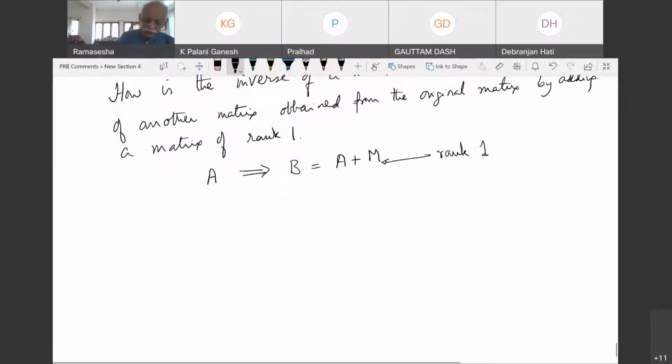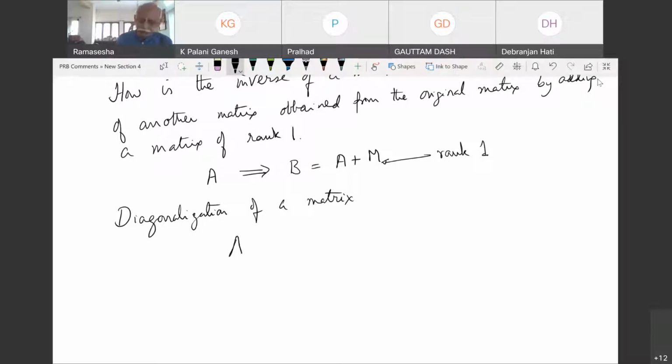You remember that I talked about the diagonalization problem. When I talked about diagonalization of a matrix, I had the following result. Matrix A, the original matrix that is given to me, is nothing but P lambda P inverse, where lambda is a diagonal matrix of eigenvalues, and P is the modal matrix.